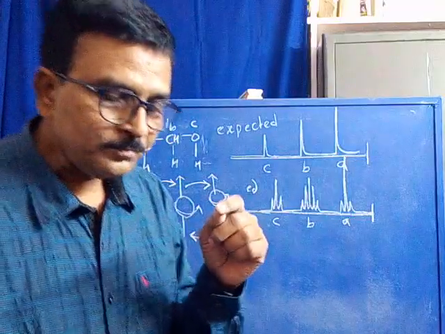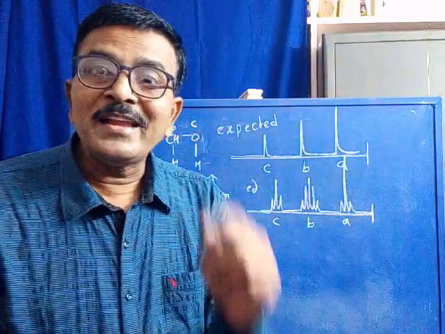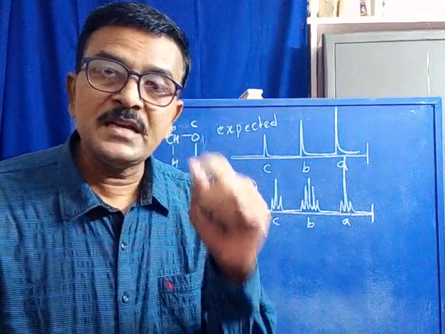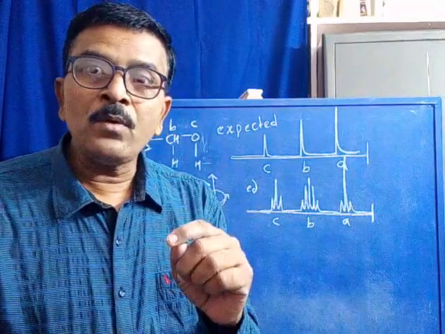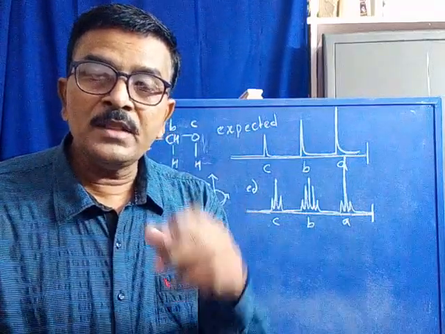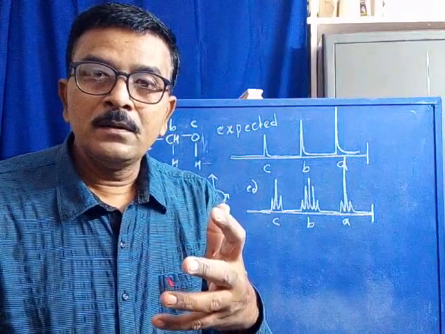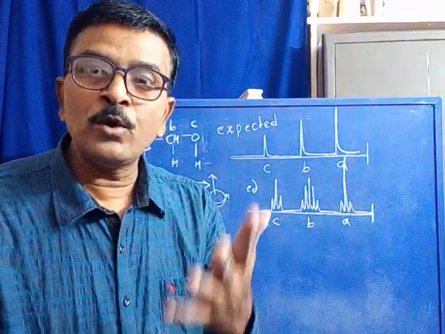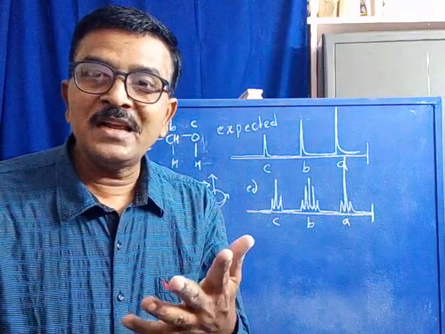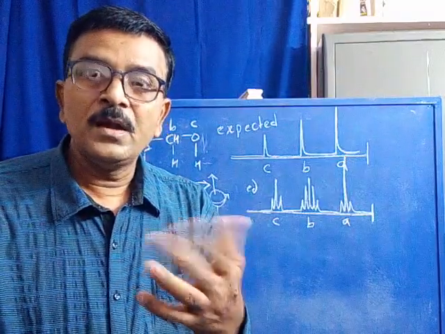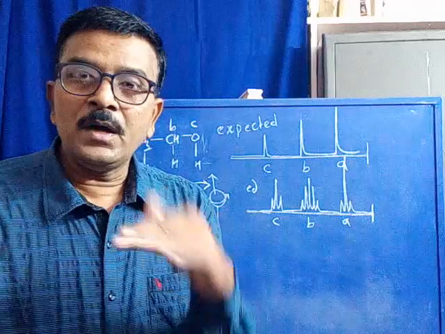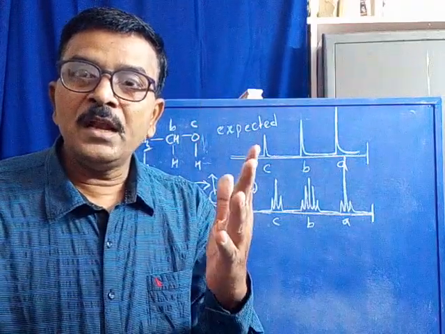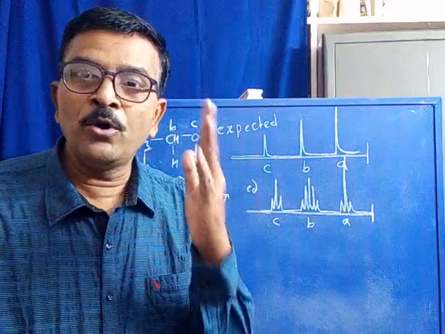That is, the number of lines for a spin coupled proton signal. Any proton involved in the coupling, as we already discussed, its signal will appear with more than one line. A question arises: how many lines?